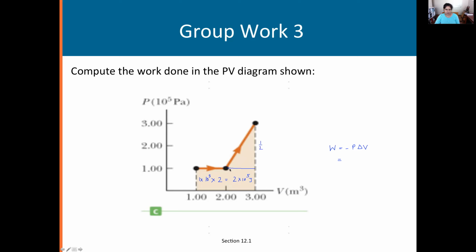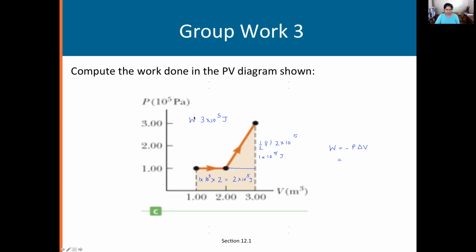Half base is 1, and the height is 2 times 10 to the power 5. So this is just going to give me 1 times 10 to the power 5 joules. So I can add this and this. That gives me a total of 3 times 10 to the power 5 joules as my work done.